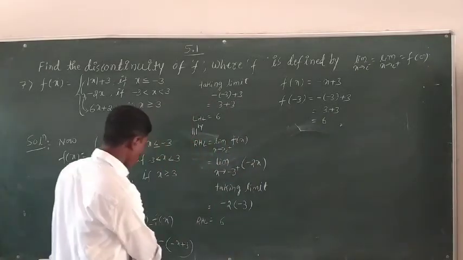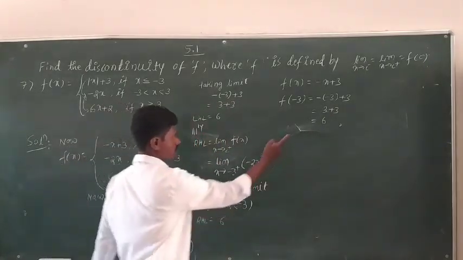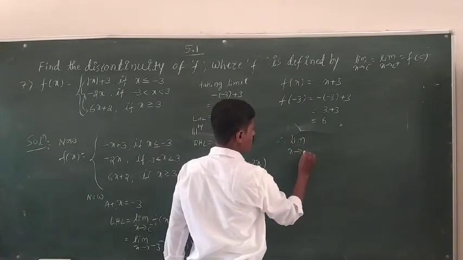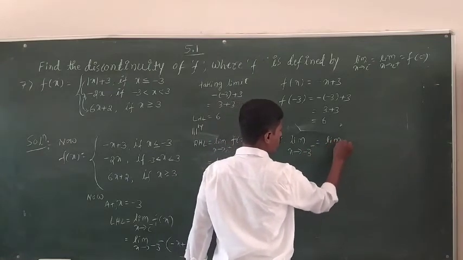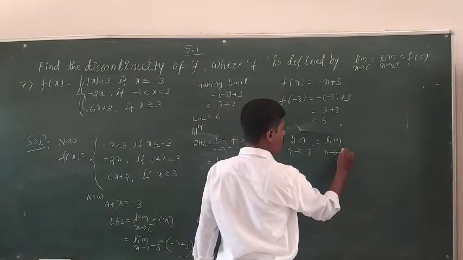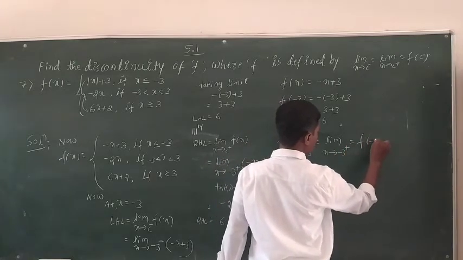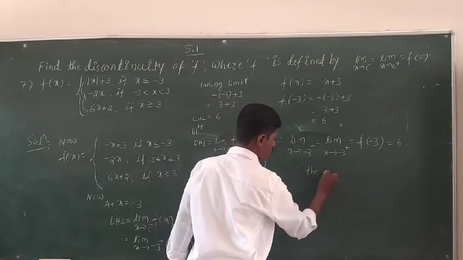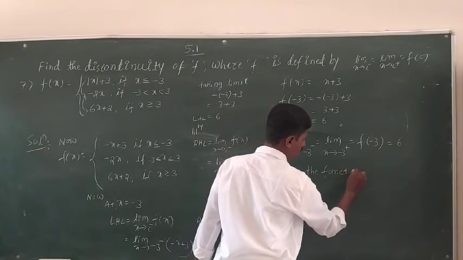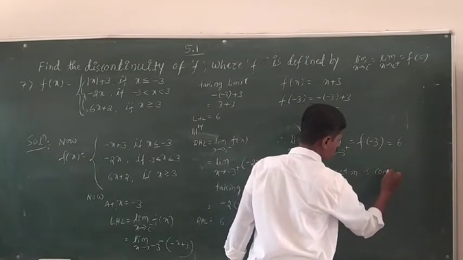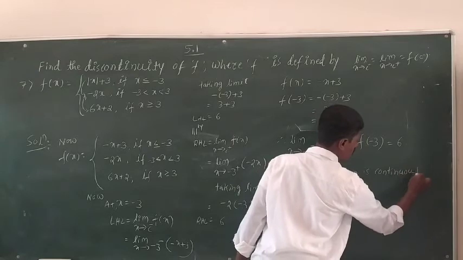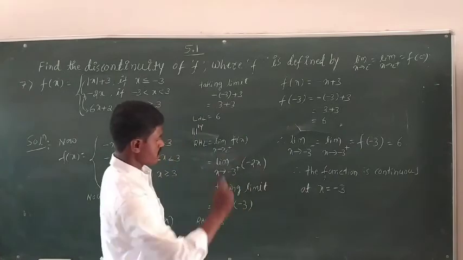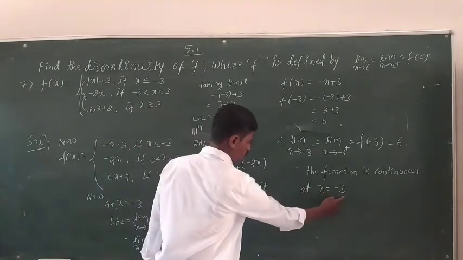Therefore, observing all three terms, 6, 6, 6, the limit as x tends to minus 3 minus equals the limit as x tends to minus 3 plus equals f of minus 3, which equals 6. Therefore, the function is continuous at x equals minus 3.